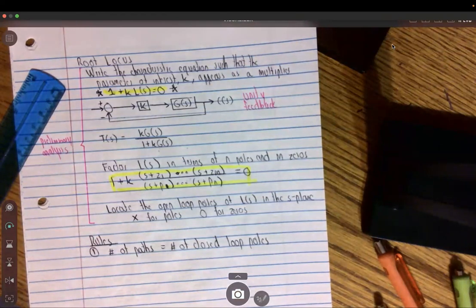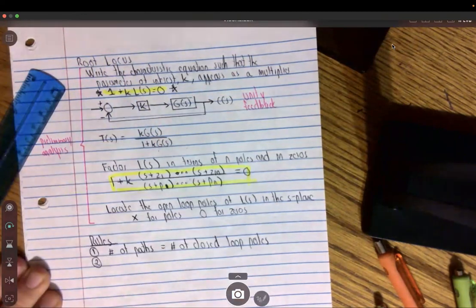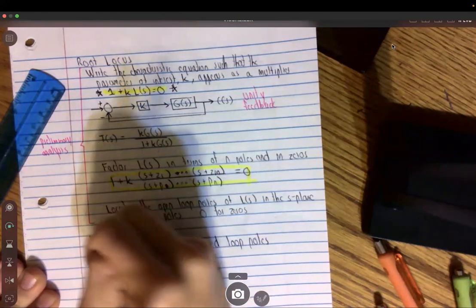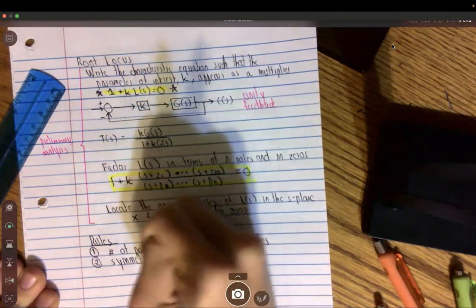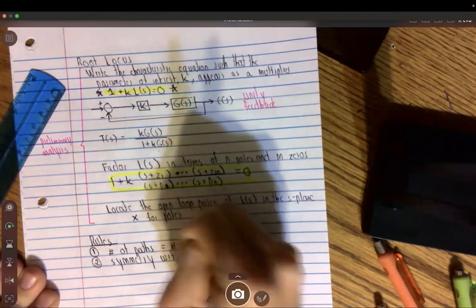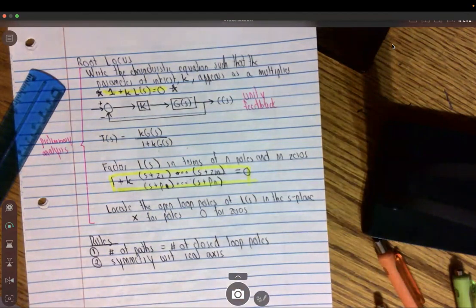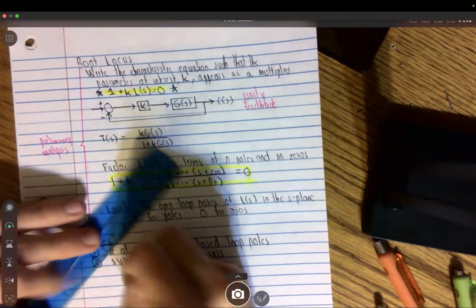And let me do one more rule, and then we're going to look at examples. The second one is that the root locus must have symmetry with respect to the real axis.